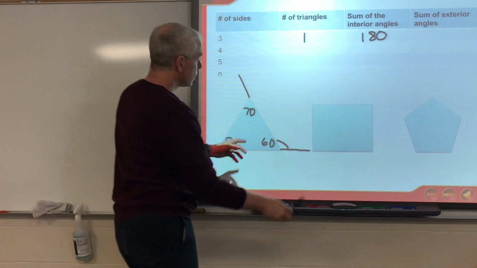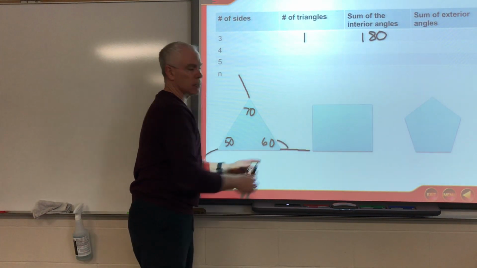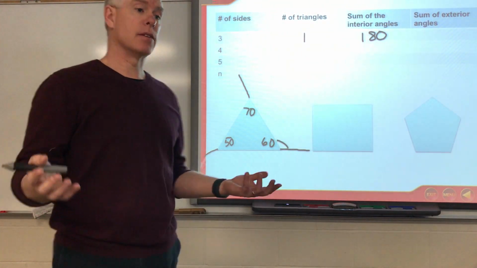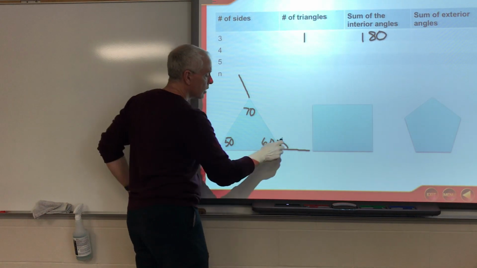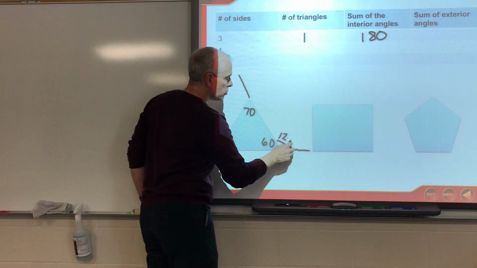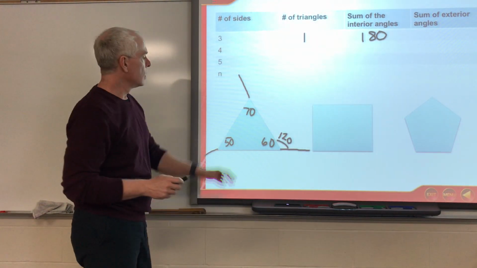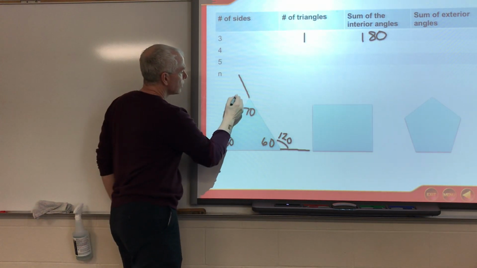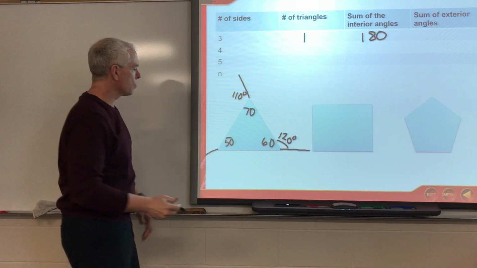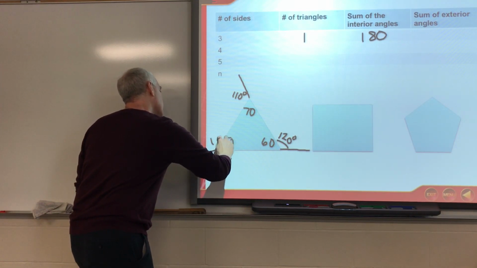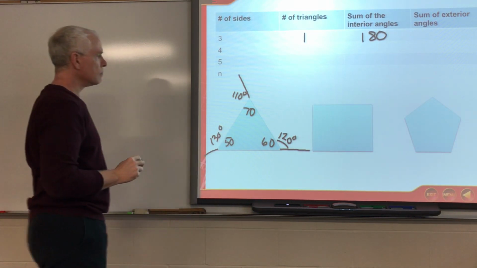One thing you'll notice is that the interior angle and its adjacent exterior angle have to be supplementary because they're a linear pair. So if this angle is 60, its adjacent exterior angle has to be 120 degrees. If this one's 70, its adjacent exterior angle is 110. And if this one's 50, its adjacent exterior angle is 130.